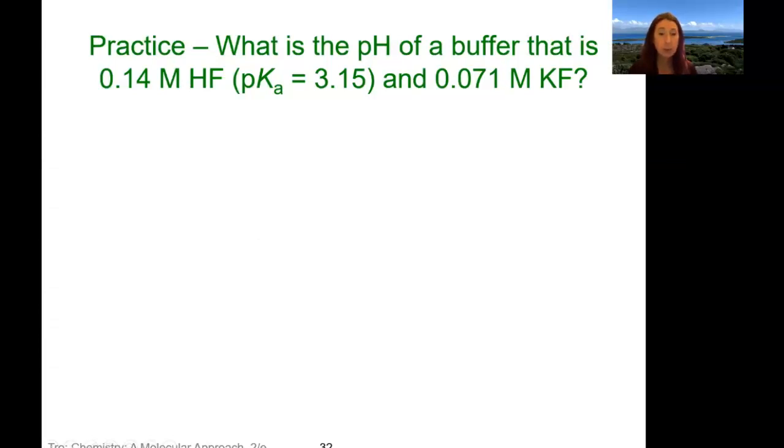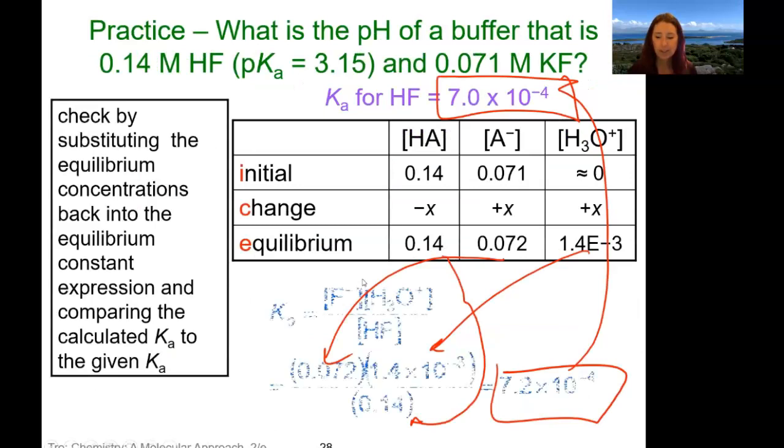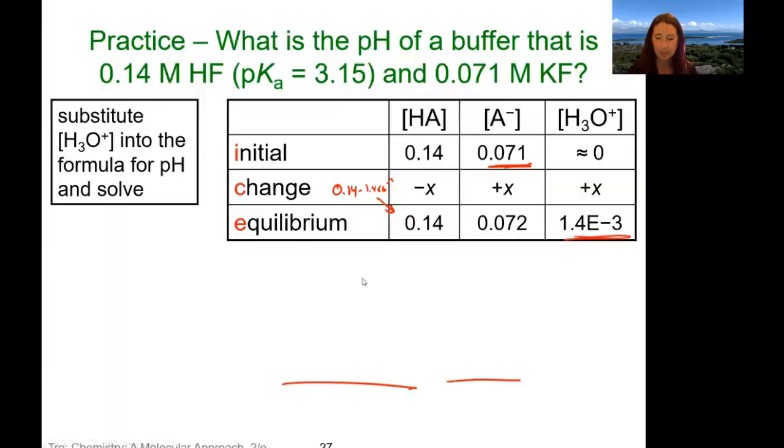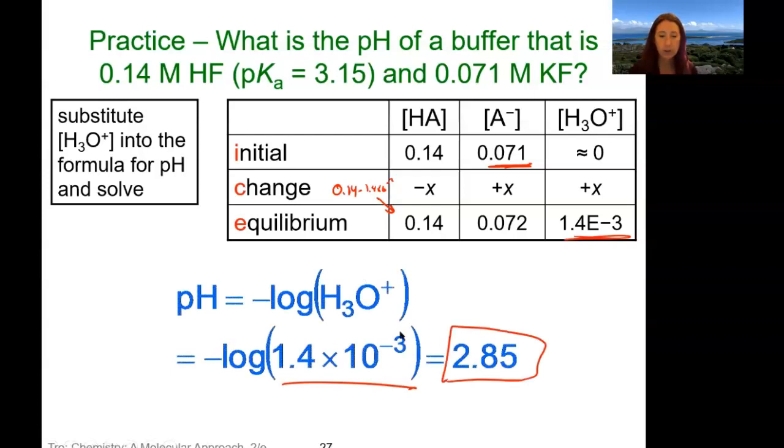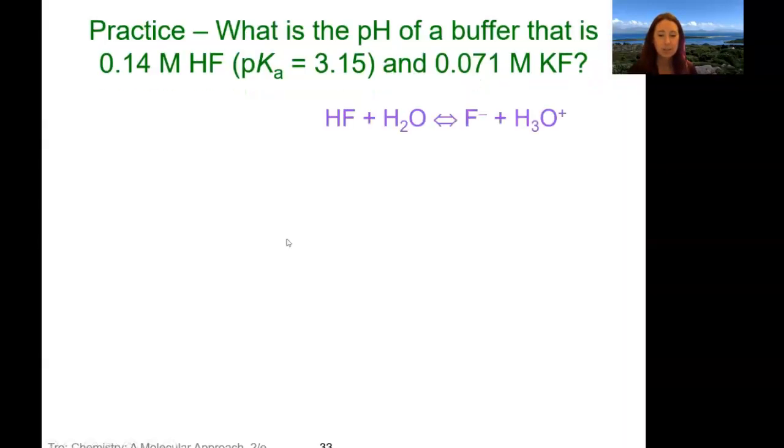So this problem is exactly the same problem we did before, right? Do you remember this problem? Our pH, we went through all that work and we got 2.85. Remember this whole thing? Let's do the same thing. This time, let's do Henderson-Hasselbalch so I can show you how different it is.